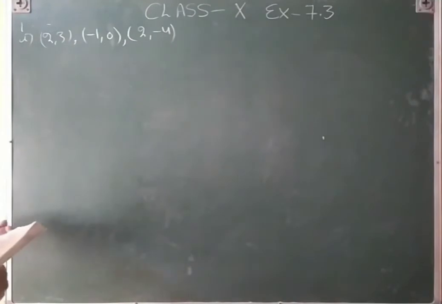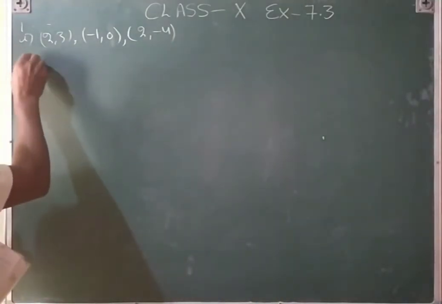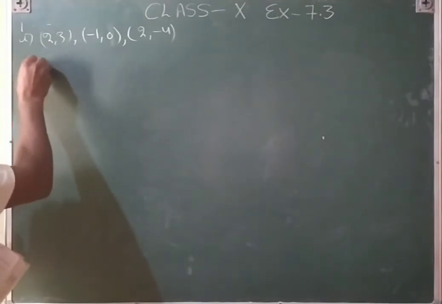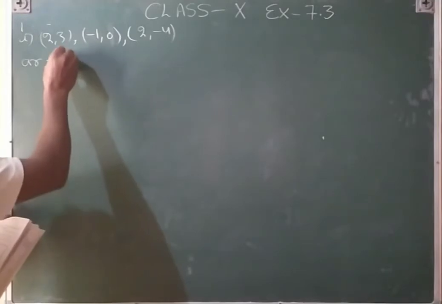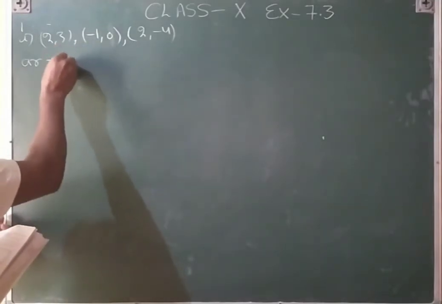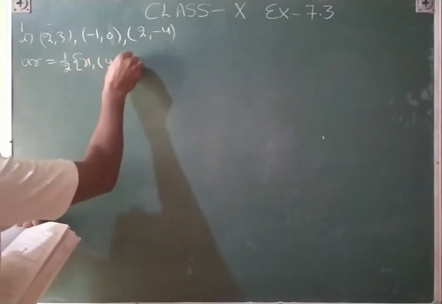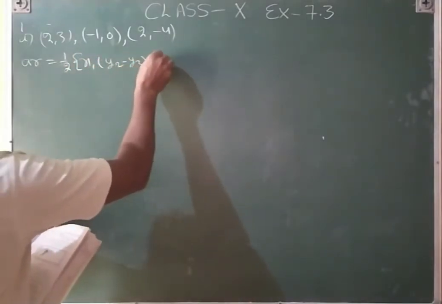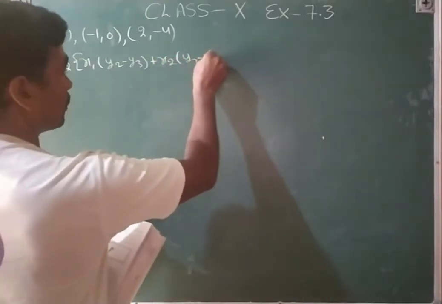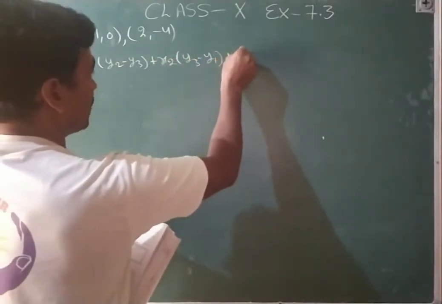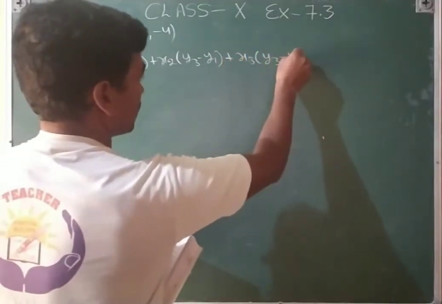These are the vertices of the triangle, so the area is equal to 1/2 {x1(y2 - y3) + x2(y3 - y1) + x3(y1 - y2)}.